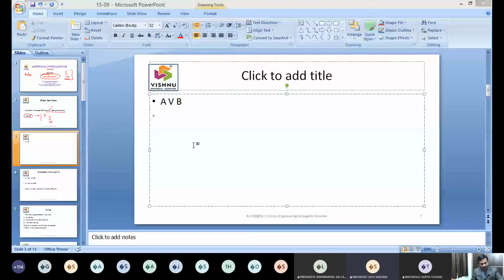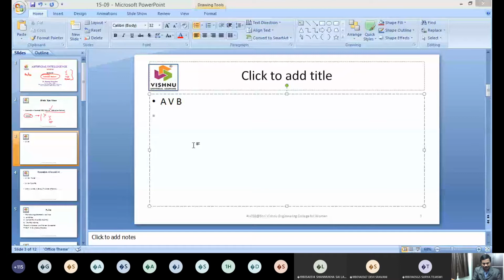Negation of A implies B. Is this right? This has to be right, and you need to remember this, because many times we'll be using the same thing.